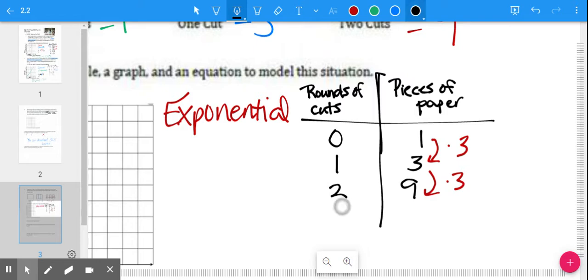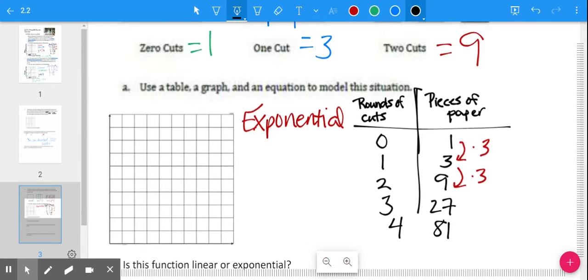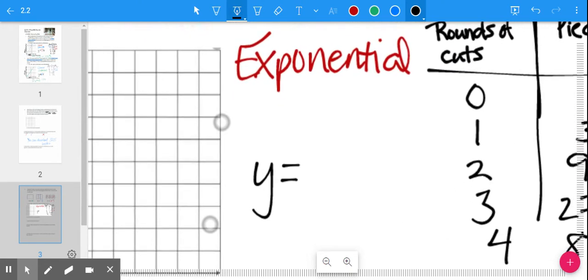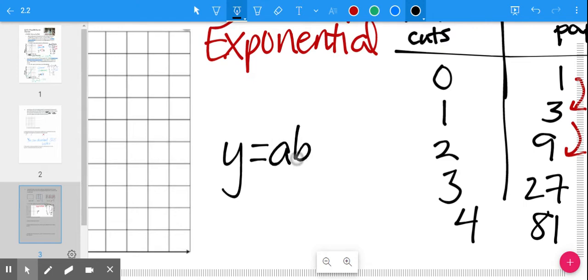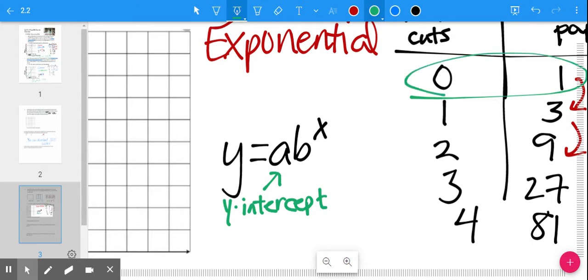So if we continue the pattern, we have 27, and then at 4 would be 81. So if we were to write this equation, we would have y equals a times b to the x. That's your exponential equation, a times b to the x, where a is your 0 amount, your y-intercept, which is 1.